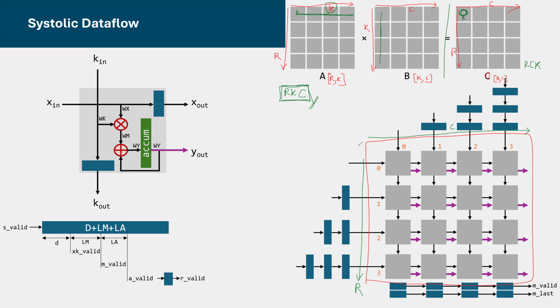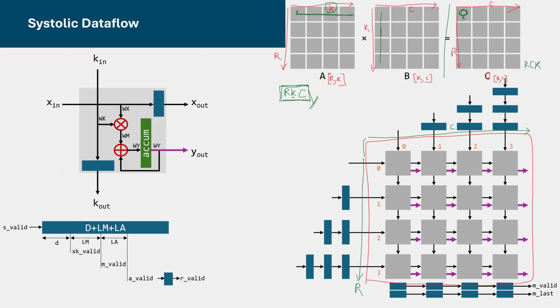The idea is that over K clock cycles, by sending data in K clock cycles, you can multiply all of this together and get the output.